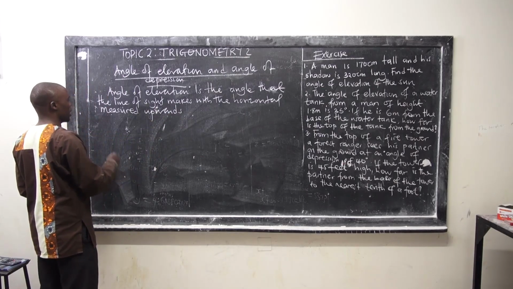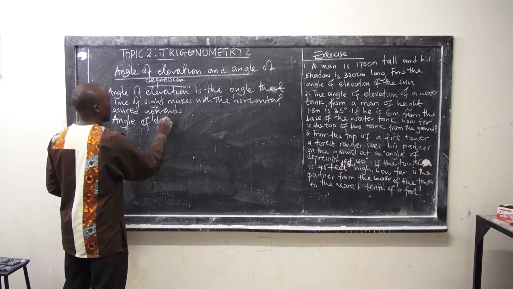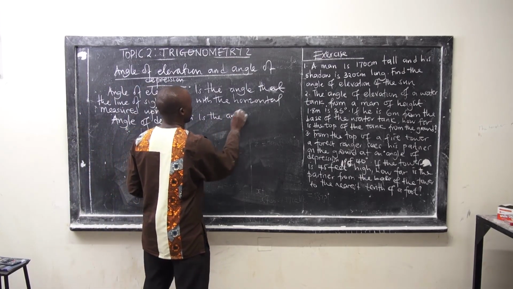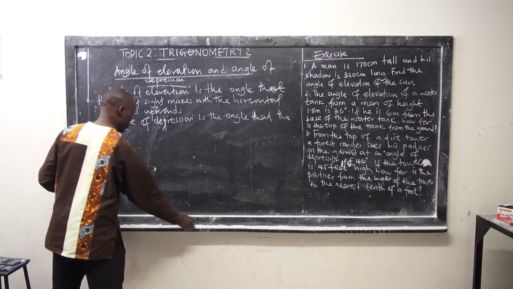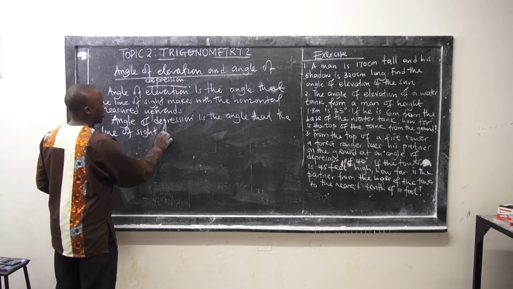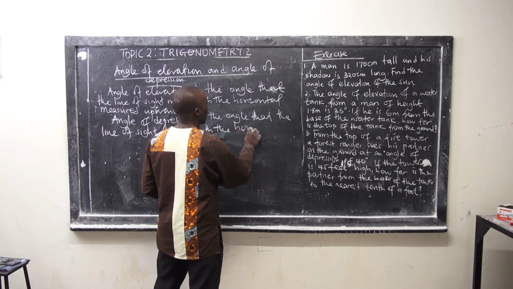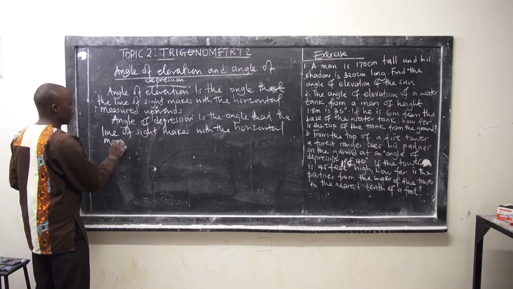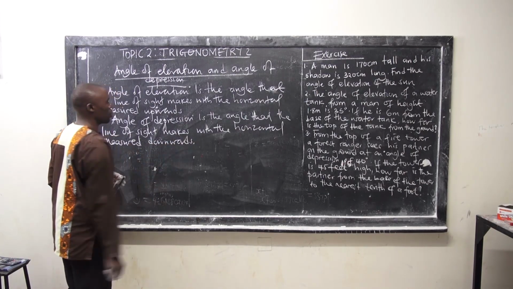Then on the other hand, the angle of depression is the angle that the line of sight makes with the horizontal, but this time measured downwards. So those are the key definitions.